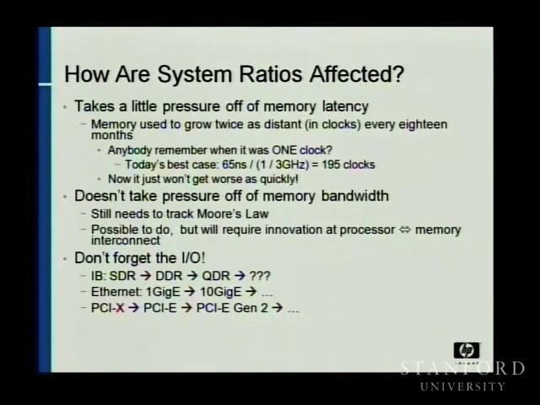Also I/O. In InfiniBand, they went from single data rate to double data rate. No extra points for figuring out that the one after that's quad data rate. The one after that's not called octal data rate, just for information. Ethernet, the transition from 1 gig to 10 gig is happening slower than anybody thought it would, but it is happening mostly at the top of a rack as an aggregation technique.